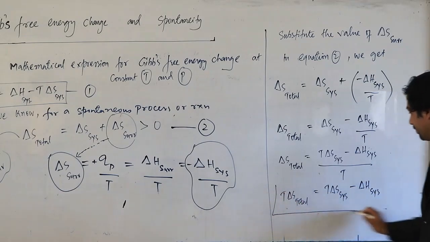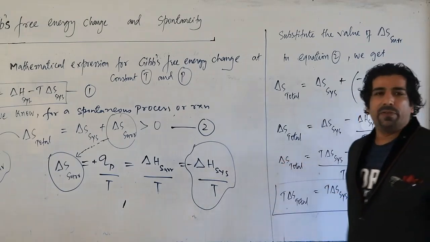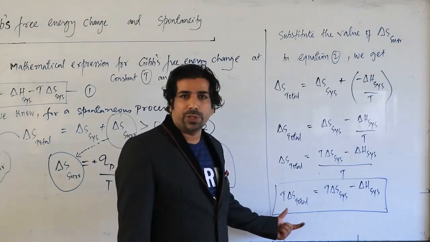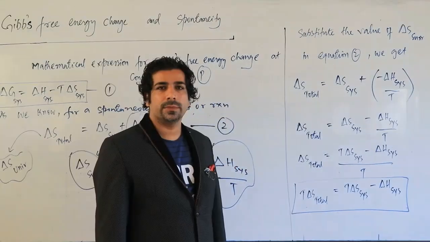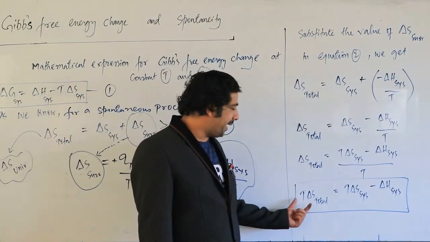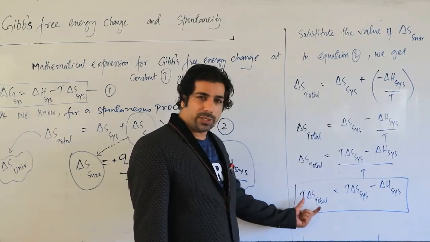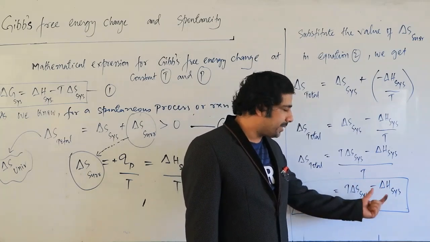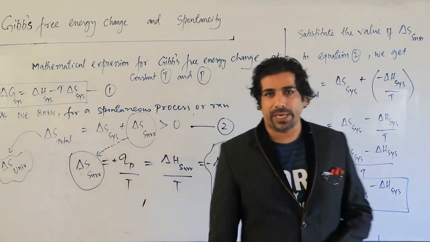So obviously we will further go into this particular derivation. Please make note up to here. Dear friends, now we are finally with T del S total is equal to T del S system minus del H system. So that is our expression, my dear friends.